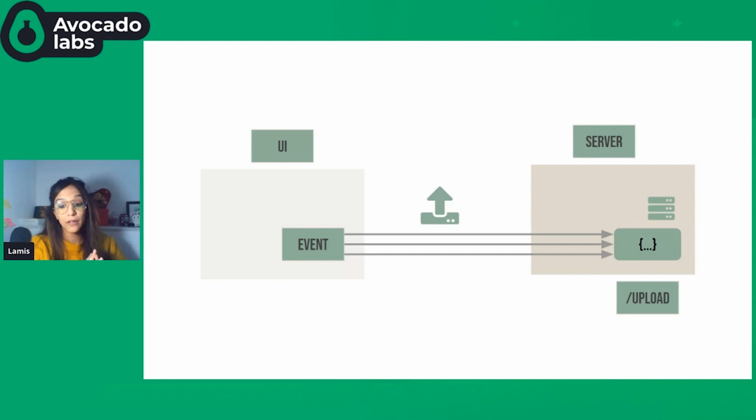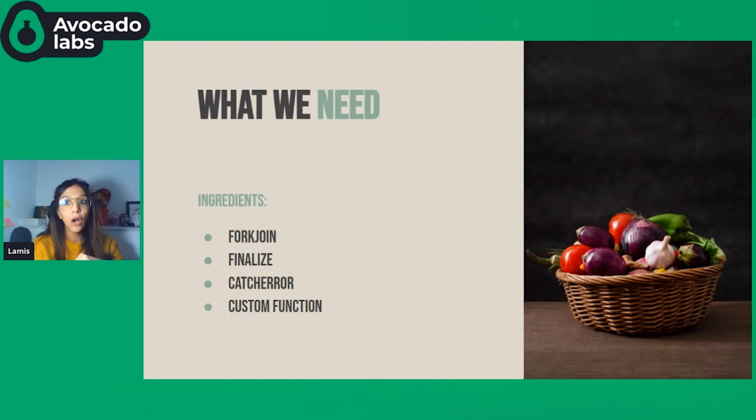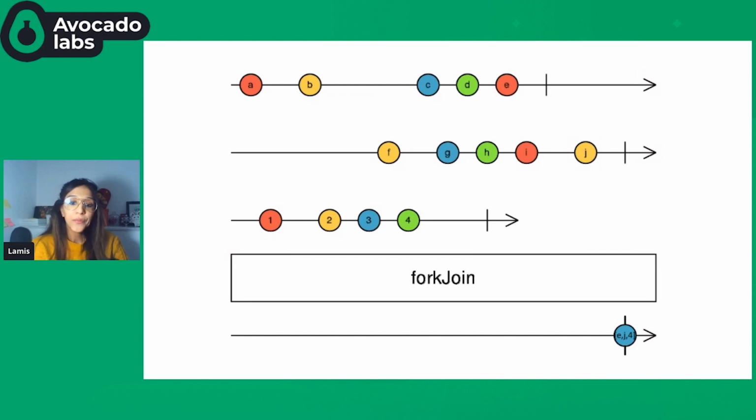I have this massive upload, and I will show you how you can achieve this at the lowest cost with RxJS, and we will be applying this in an Angular application. The ingredients we need are the forkJoin, finalize, and catchError operators, and a custom function. Let's explain the forkJoin operator available in RxJS.